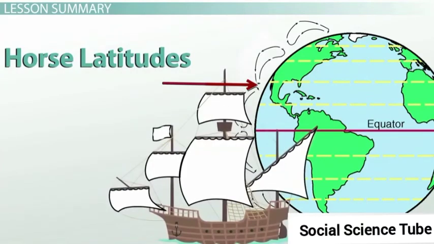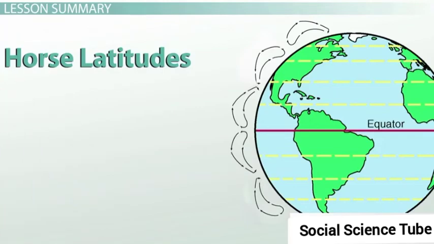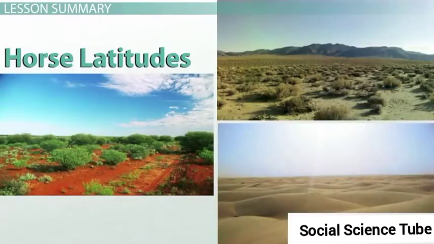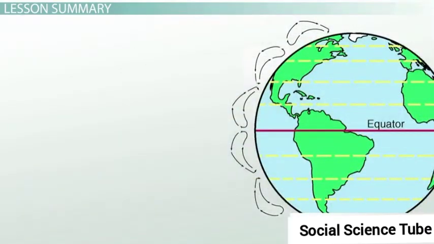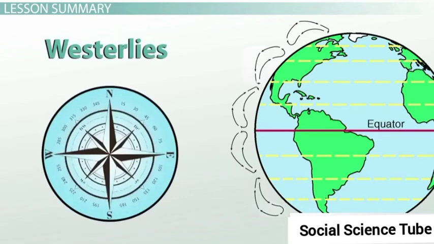Similar to the doldrums, the horse latitudes are a terrible place to sail, and along the strip of warm, dry air we find the world's great deserts. Some of the air falling from the Hadley cell continues to travel to the poles, creating the second windy belt, the Ferrell cell. In the Ferrell cell we find the westerlies, so named because they blow from west to east.